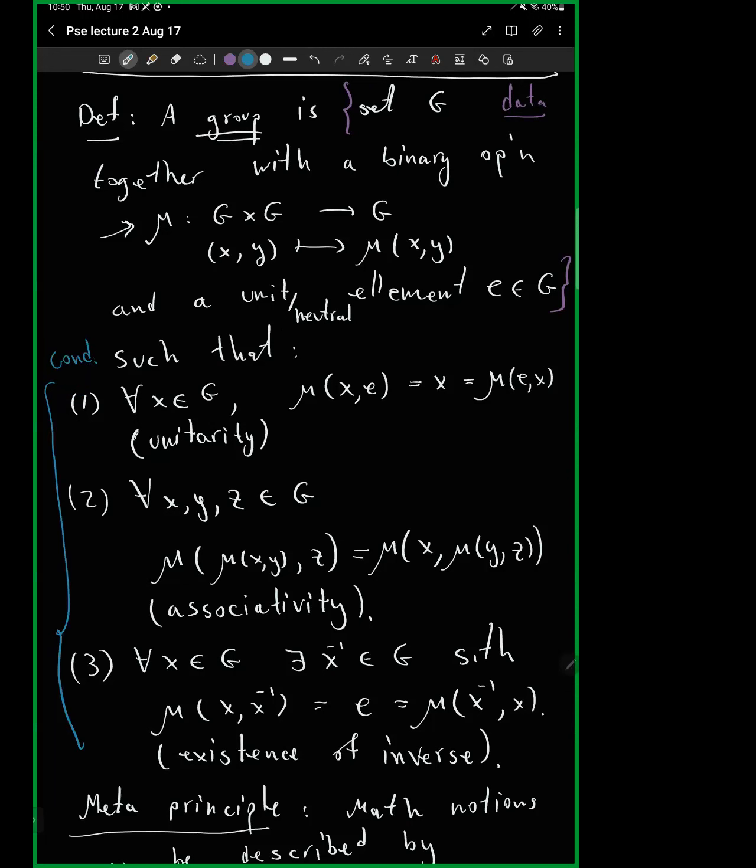And this will repeat in almost all definitions that we give. So of course, this we discussed last time. I mean, here I say that mu is a function, but a function can be viewed as a set.